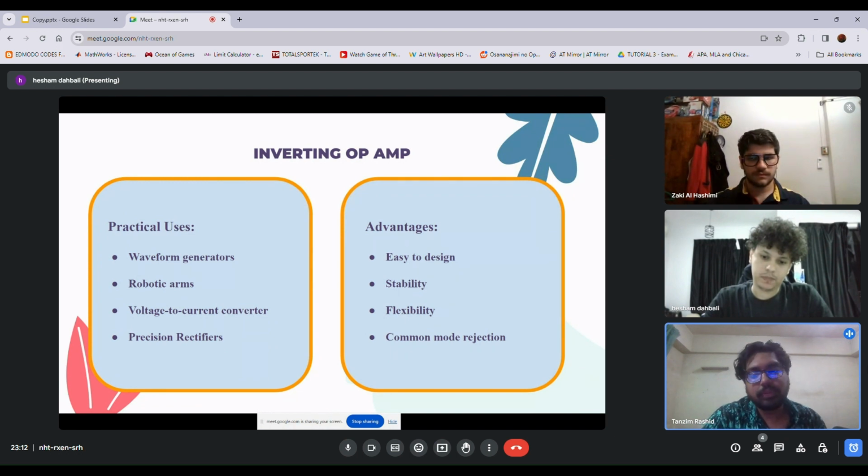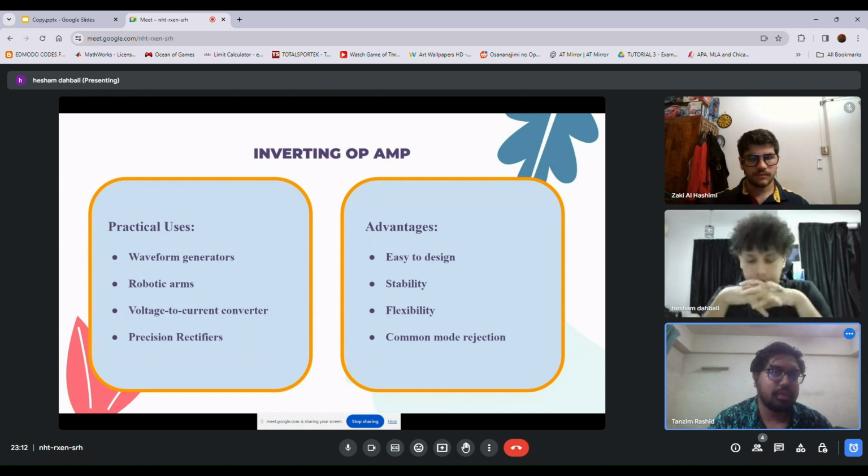An inverting op-amp can also be used as a voltage to current converter, where the output current is proportional to the input voltage. And as a precision rectifier, this configuration can rectify AC signals with minimal disturbance. Okay, I'll pass it to my partner Hesham, and he will do the rest.